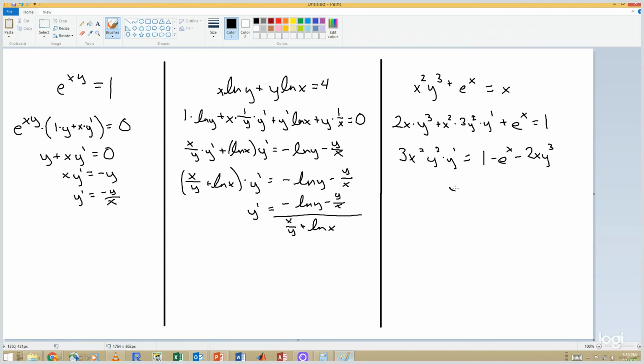And now we divide both sides by 3x squared y squared. So we have 1 minus e to the x minus 2xy cubed, divided by 3x squared y squared. And we are done. So these are slightly more challenging implicit differentiation questions.